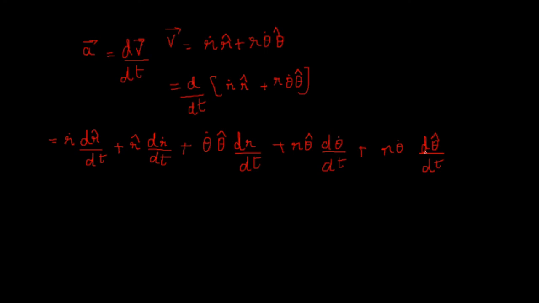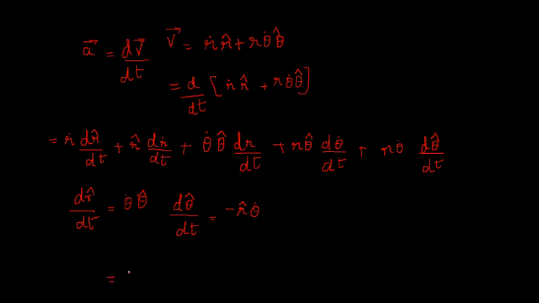We know dr cap by dt, which we did last. dr cap by dt is nothing but theta dot theta cap, right? Similarly, d theta cap by dt is nothing but minus r cap into theta dot, right? So let me substitute all these in the equation.